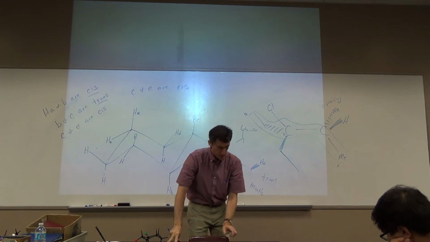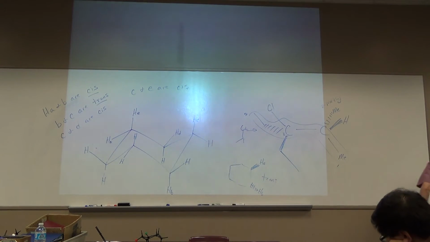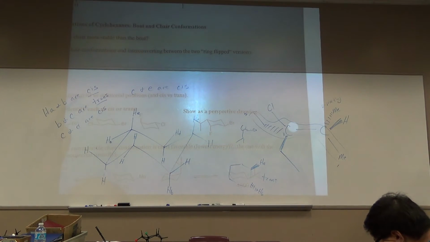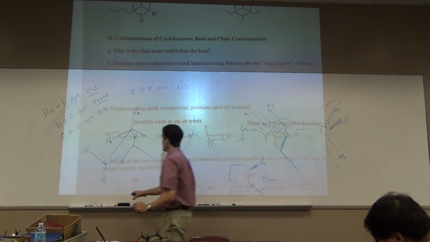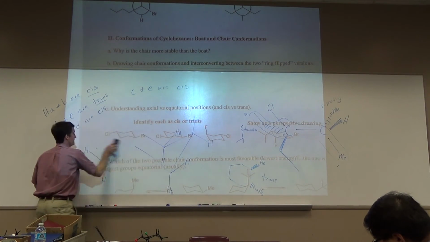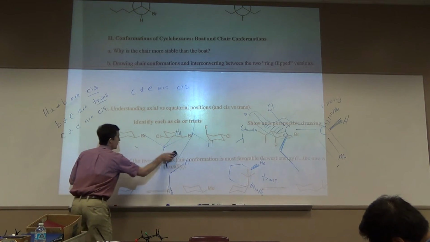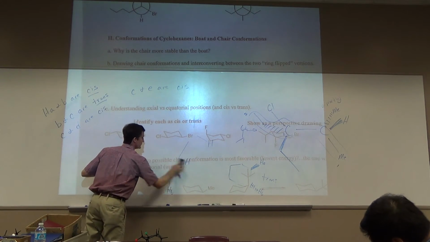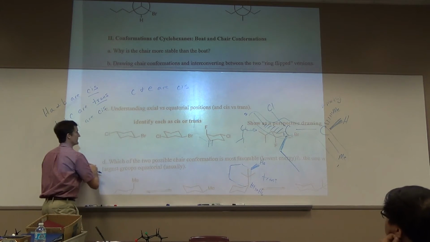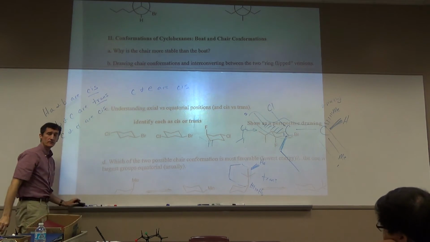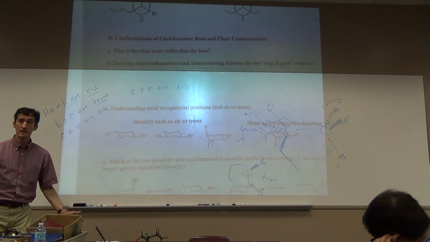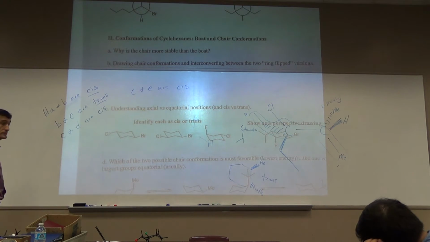Identify H as cis or trans. The first molecule. Trans. Chlorine and the bromine. Now, whenever we draw these, you may not see all the H's drawn in. But you need to know how to do it because likely on the test it's going to ask you to draw in all H's or to draw in certain H's.